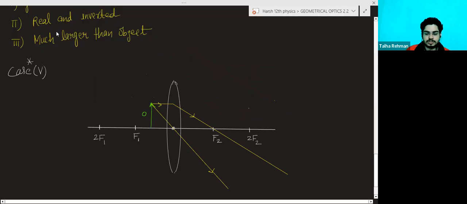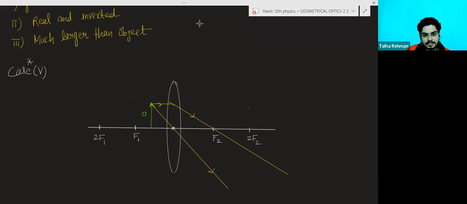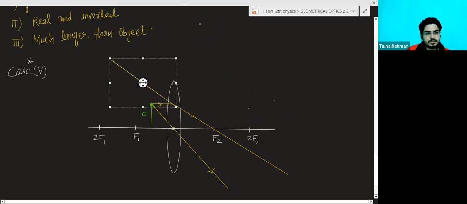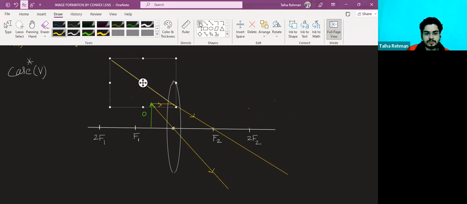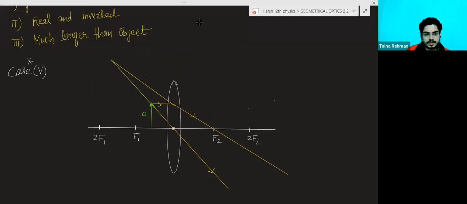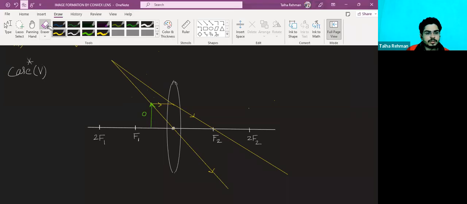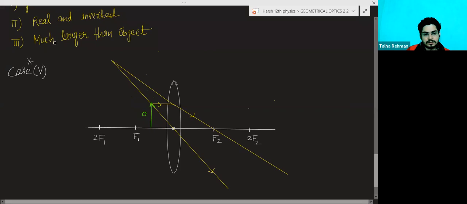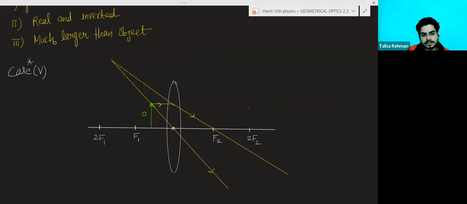We will produce these diverging rays in the backward direction. We have done this thing so many times. So we will just produce these rays in the backward direction. Somewhere here you will get the image, and I am showing these rays with a dotted line like this, so that these rays are just appearing to meet.